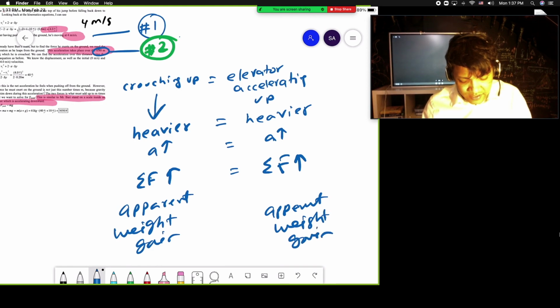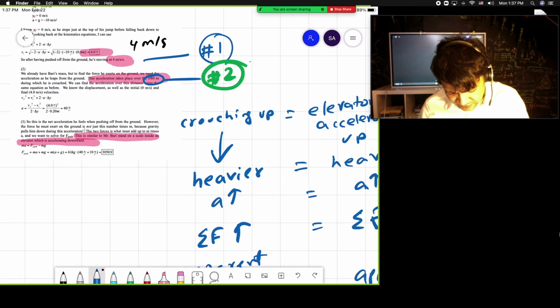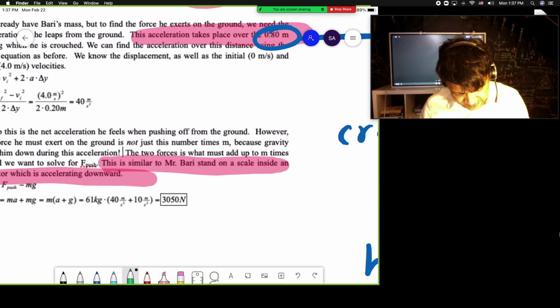So crouching up is similar to the elevator accelerating up, not accelerating down as I see over here.